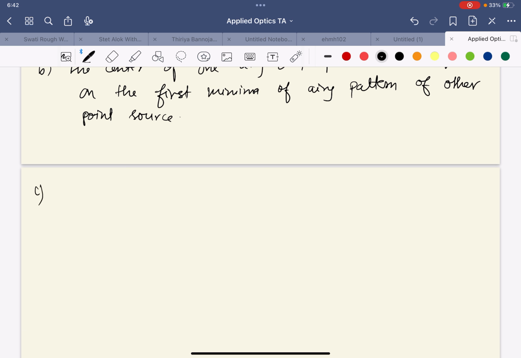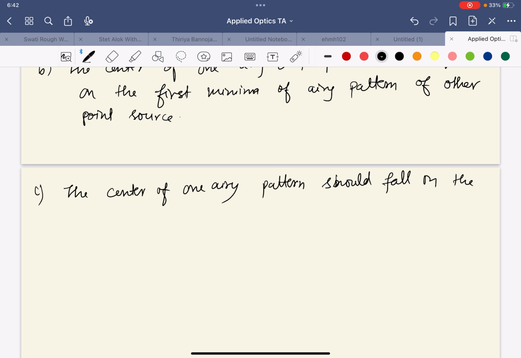And option C is the center of the Airy pattern should fall on the second minimum of the Airy pattern of the other point source.